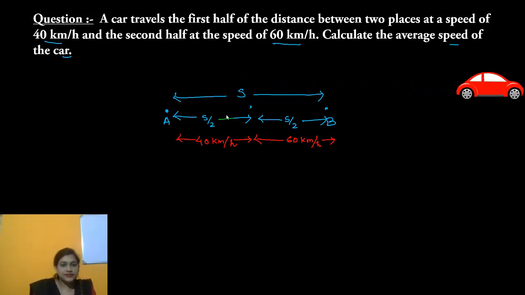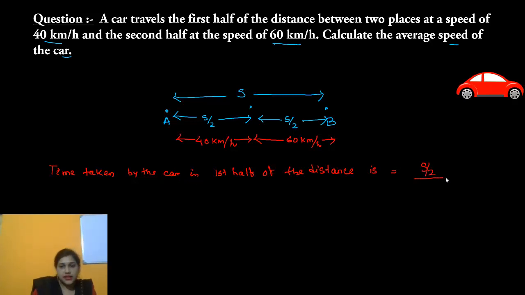Here the time period is not given. So first we have to calculate the time, then we can proceed to the average speed. The time taken by the car in the first half of the distance: the first half distance is s by 2, and we are calculating the time taken by the car. Time is equal to distance by speed. Speed is 40 km per hour.